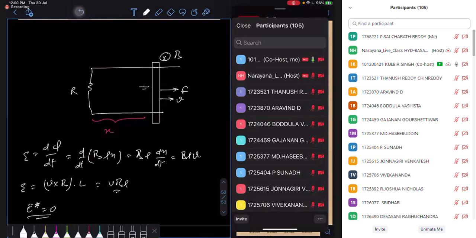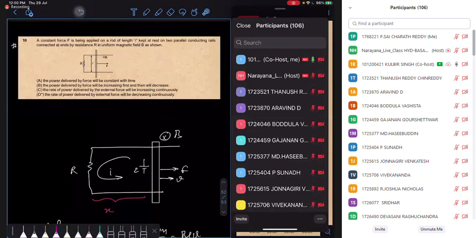So this is generating EMF, and this EMF is going to generate current. Right? How much current? The current generated here is EMF divided by my resistance. Does the conductor or the rod have any resistance?